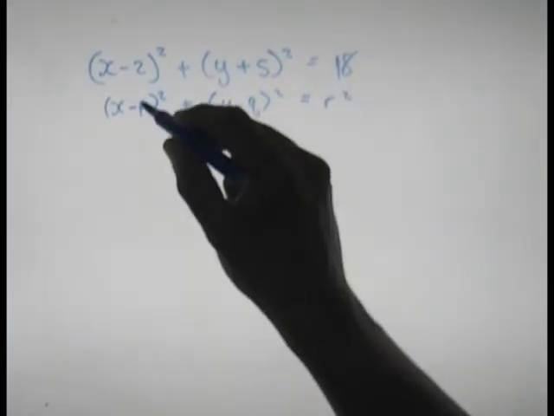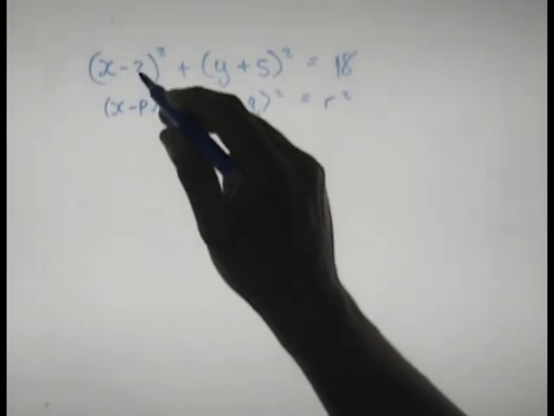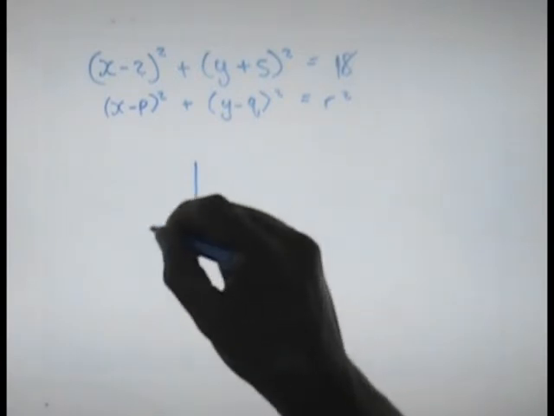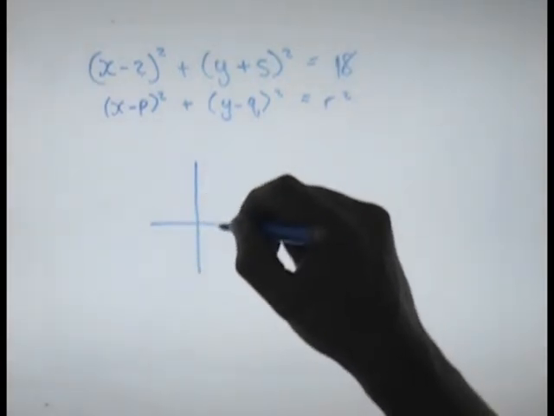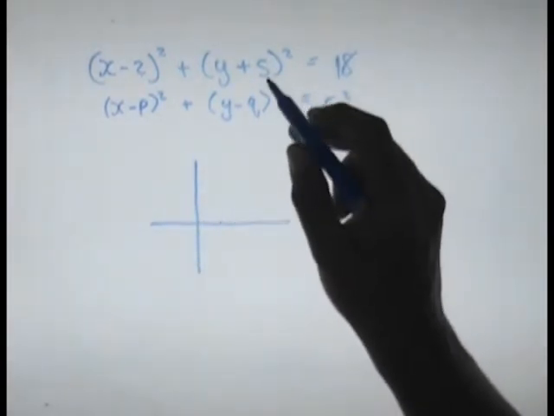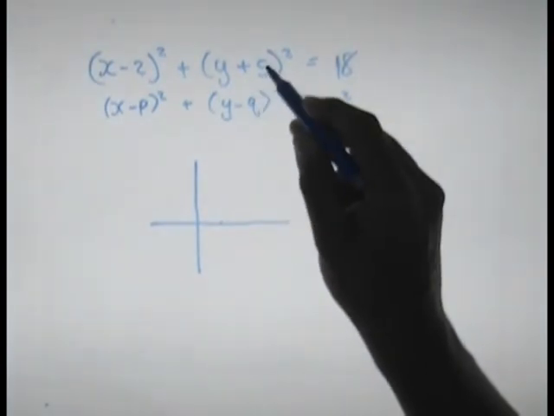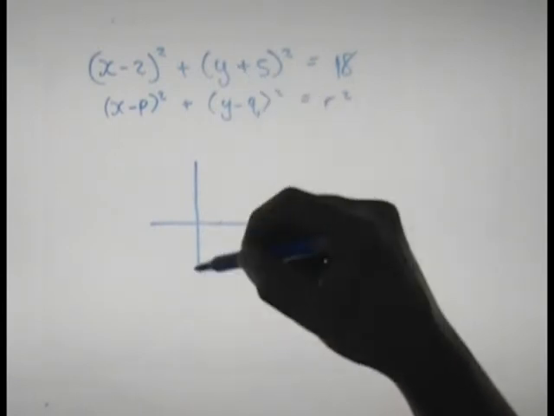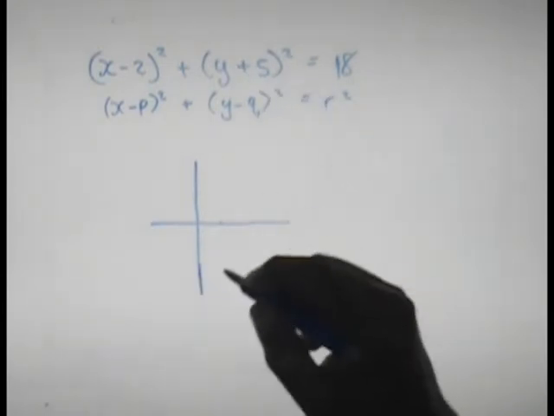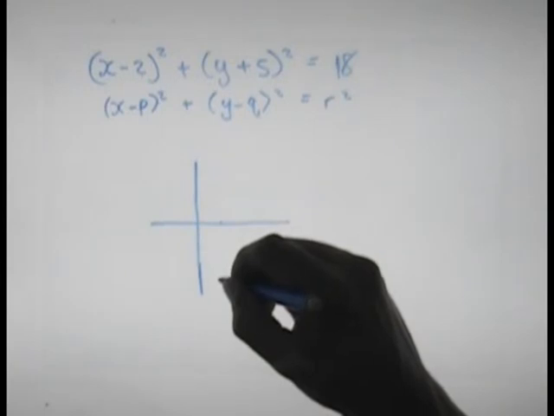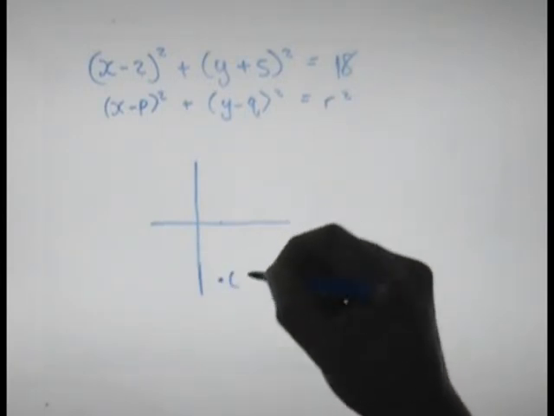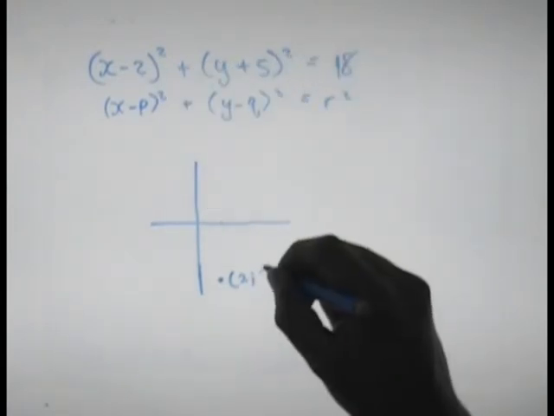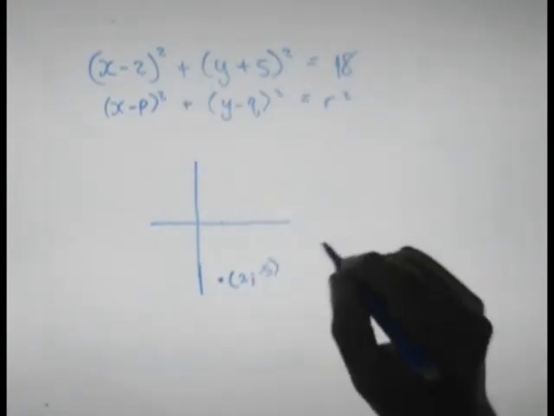That means that p, the x value of the center of the circle, is equal to positive 2, and the y value is equal to negative 5, because that's y minus q, and that one there is y plus 5. That means that the y value is negative 5. So our center is x is equal to 2, y is equal to negative 5.